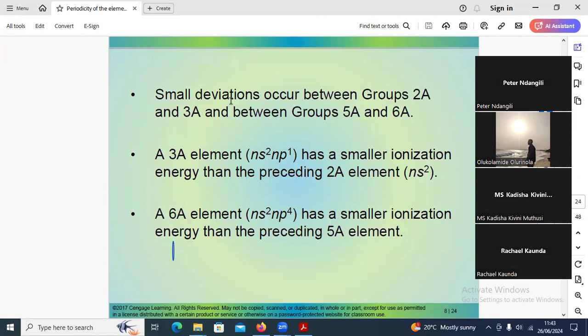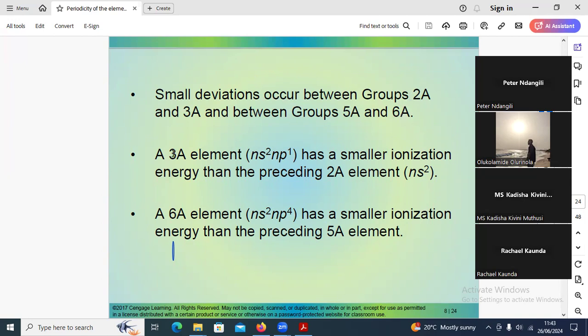Small deviations occur between group 2 and 3, and between group 5A and 6A, which should be groups 15 and 16. Why is this happening?